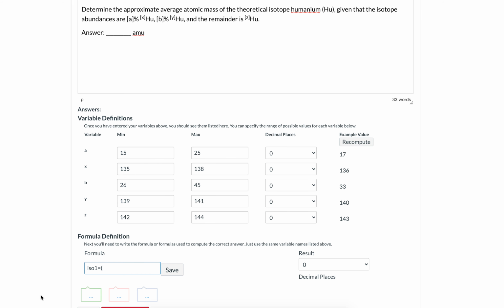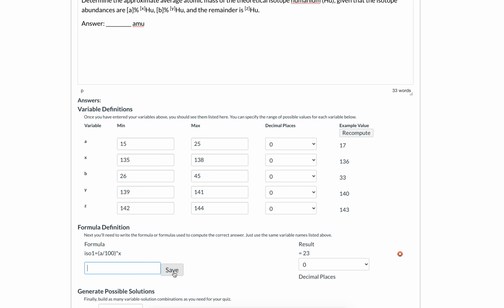If it is 17, we want to turn whatever that number is into a decimal. So that means that we're going to take the value of A, divide that by 100, and we're going to multiply that by the mass, which would be X. So that gives us the relative abundance for the portion of the isotope X. You could also call that iso X or whatever you want. So I'm going to save that.